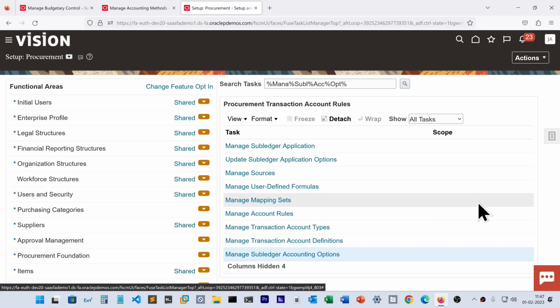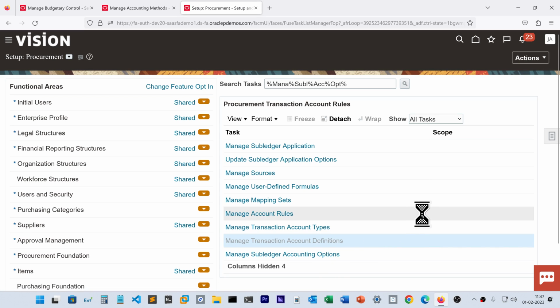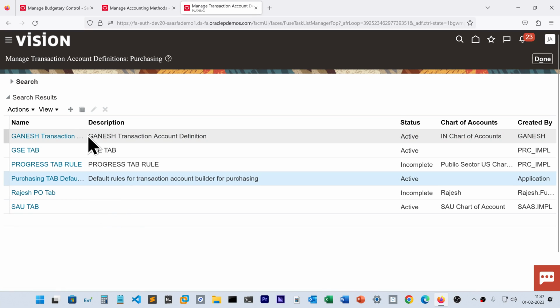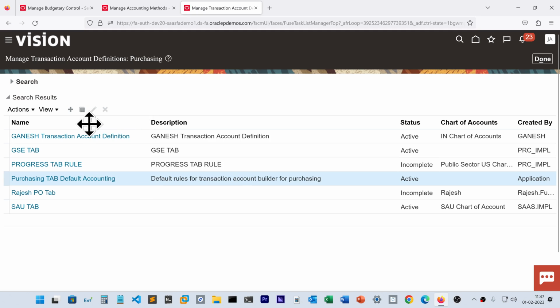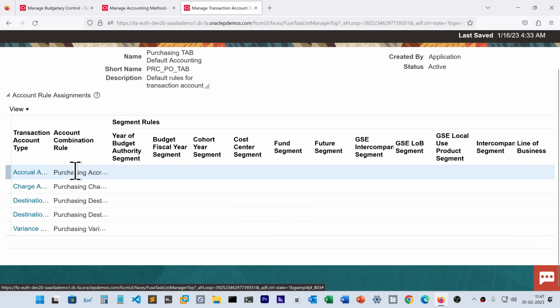To actually see the definition of the TAD, go to this one, open it. This is the one we assigned just now. You can open this one and you can see that different accounts can be assigned here. There are too many columns.